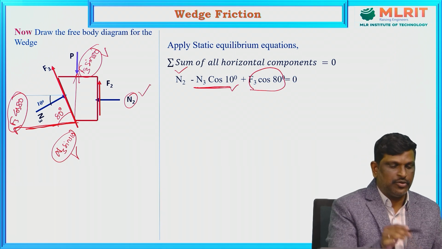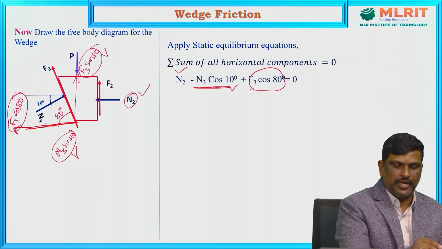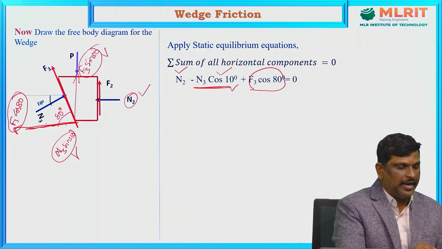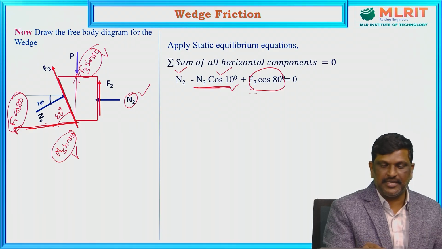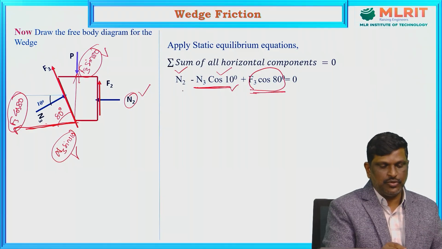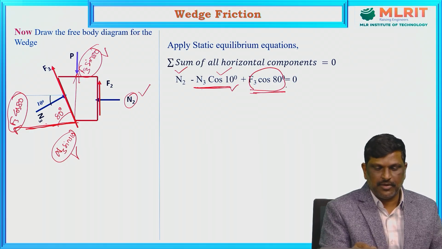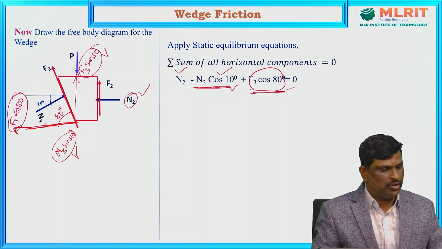There are only 3 horizontal forces. One is N2, purely horizontal; N3 horizontal component, that is N3 cos 10; and F3 horizontal component, that is F3 cos 80, right? So N2 minus N3 cos 10 plus F3 cos 80 is equal to 0.